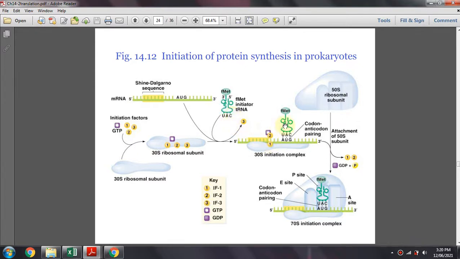IF3 brings initiator tRNA. IF1 binds to the smaller subunit, and IF2 GTP binds to the mRNA.